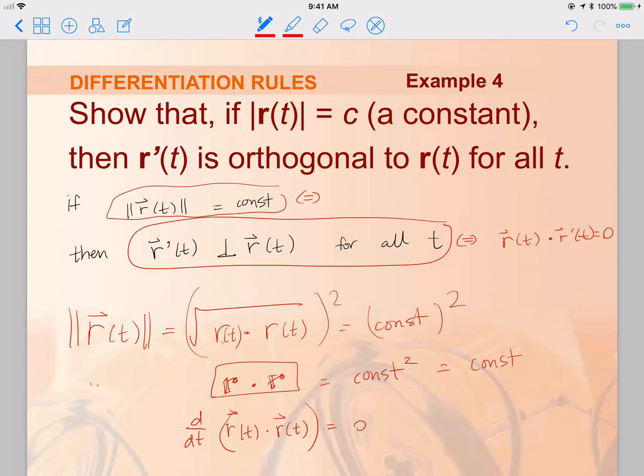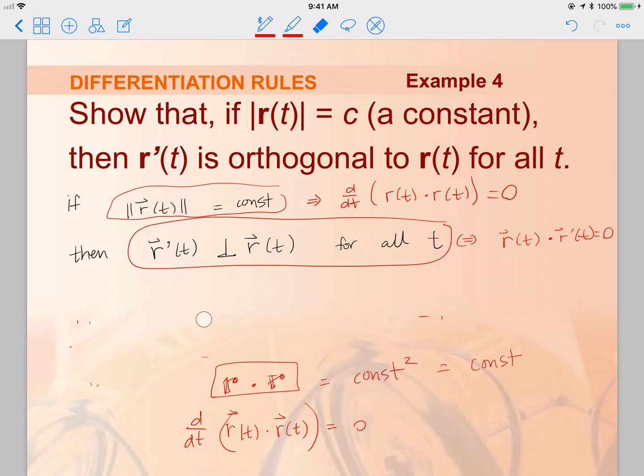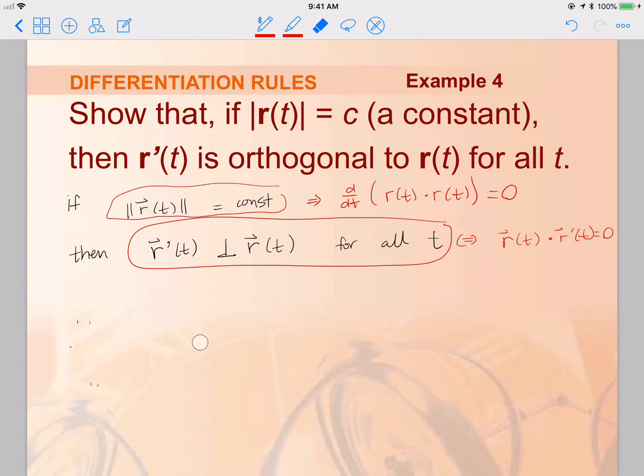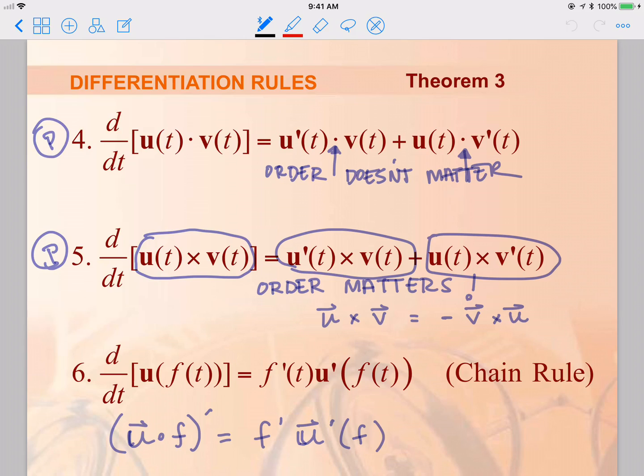So let's put up here that if the magnitude of r is constant, then the derivative of r dotted with itself has to be equal to 0. And now we should have some properties. Let's go to our differentiation rules. This is the formula.